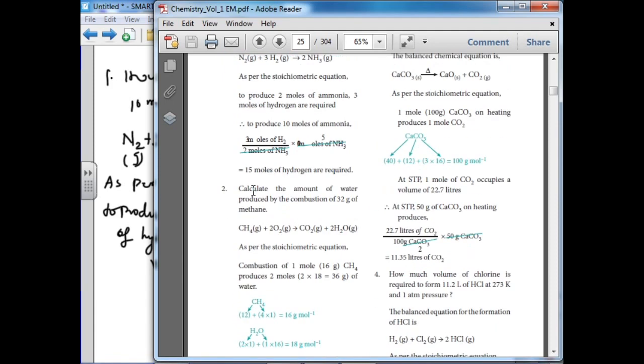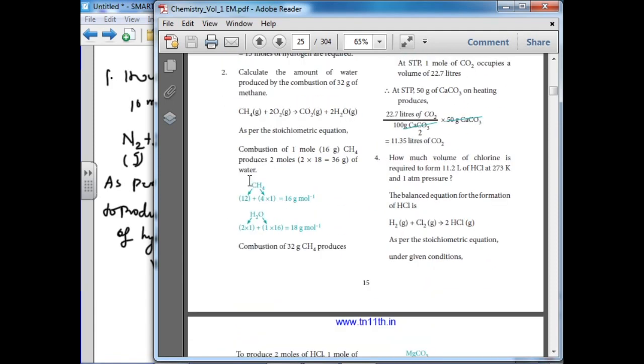The next question, calculate the amount of water produced by 32 gram of methane. This is the question, calculate the amount of water produced by the combustion of 32 gram of methane.